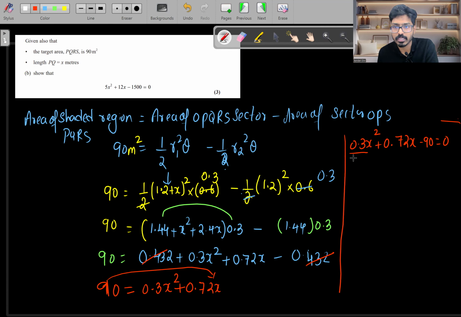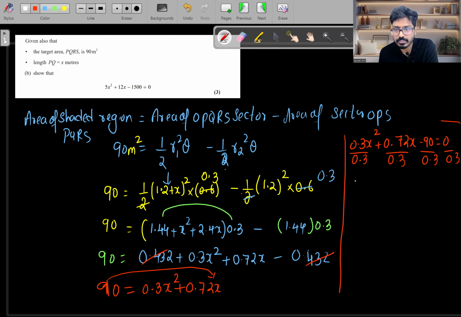Now everything I'll divide with 0.3 so that I can make the equation a little bit easier, so that the coefficient of x square is 1, and then I can multiply with 5 to get the required equation.